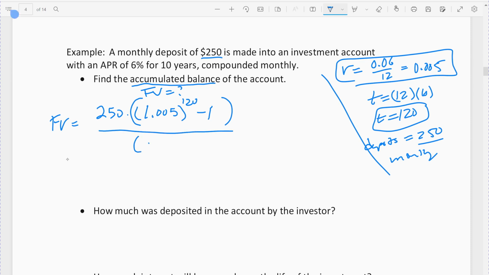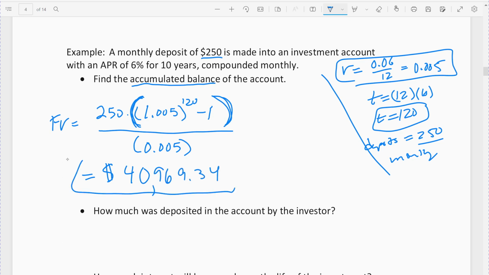Divide by our R. The biggest thing is you have to have that set of parentheses around 1.005 raised to the 120 minus 1 in order to get the right answer. When you do, it should come out to 40,969.34. So after 10 years, you should accumulate almost $41,000.